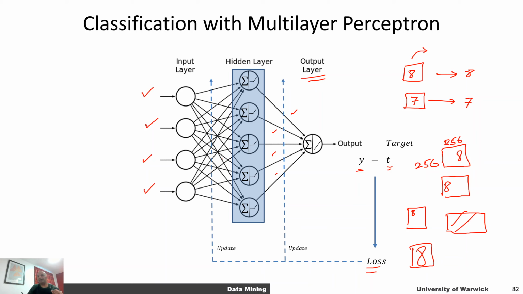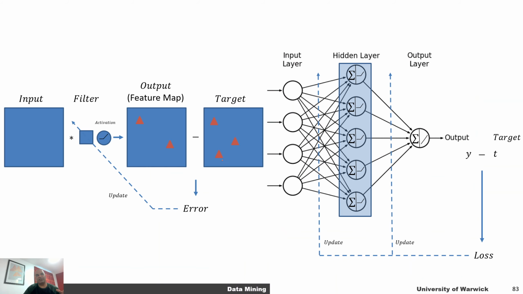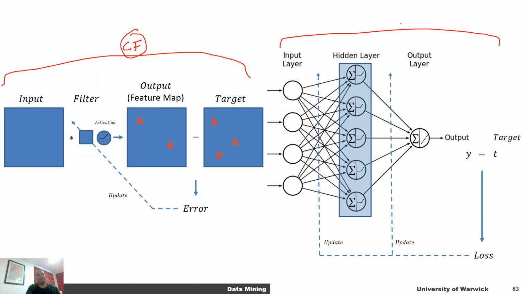However, if we do this, which is what we did earlier, we have a convolution filter learning method. I'm just going to call it CF, and then we have a multi-layer perceptron. If we connect these two so that an input image is given as input, let's say for an input image we know where the object of interest is in that image.